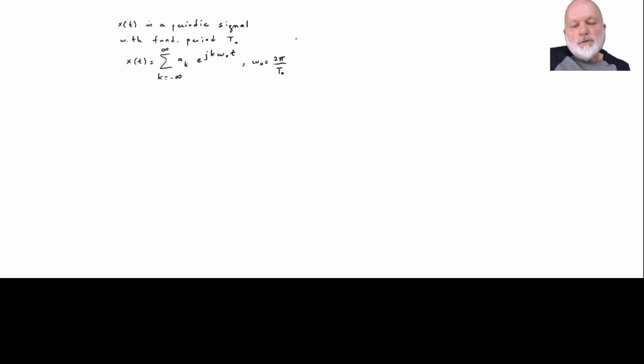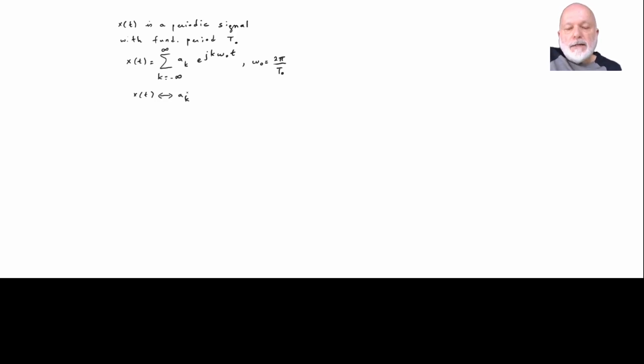Omega 0 is 2 pi over T0. The ak's are the Fourier coefficients of x of t, or we can use this notation we have used before.